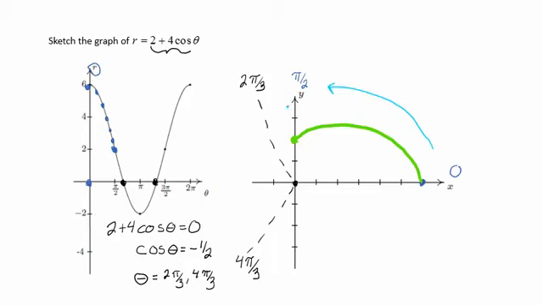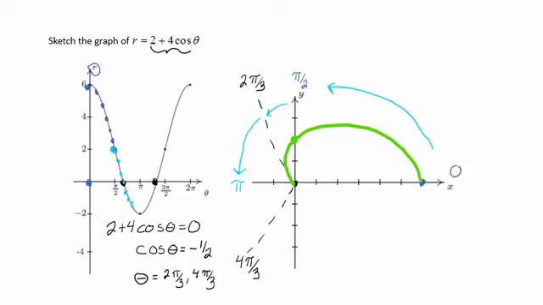As we rotate from pi over 2 to 2 pi over 3, where we have an intercept, our radiuses are still going to be getting smaller, but eventually getting to 0. And so our graph, as we rotate through this area, will get smaller and smaller until we're eventually at the origin. After 2 pi over 3, as we rotate towards the angle of pi, our radiuses are going to be negative.